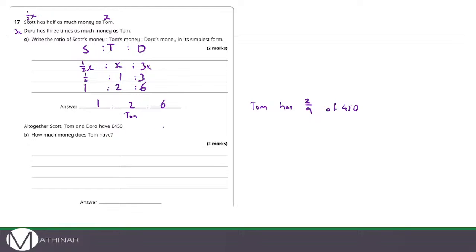I'm assuming this one's going to be a non-calculated question. So to work that out, we do 450 divided by 9, and then we multiply that by 2. So 450 divided by 9 is 50. 50 times 2 is £100. Okay, so that's that one for 4 marks.